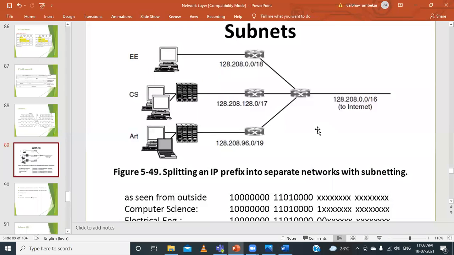So the possibility is that a block of addresses can be split into several parts for internal use as multiple networks. That means within the organization, we can have different departments, but for the outsiders, it will look like only one thing. Like in our organization, we have different departments, but for others, it looks like only one department, and further it will be split out.